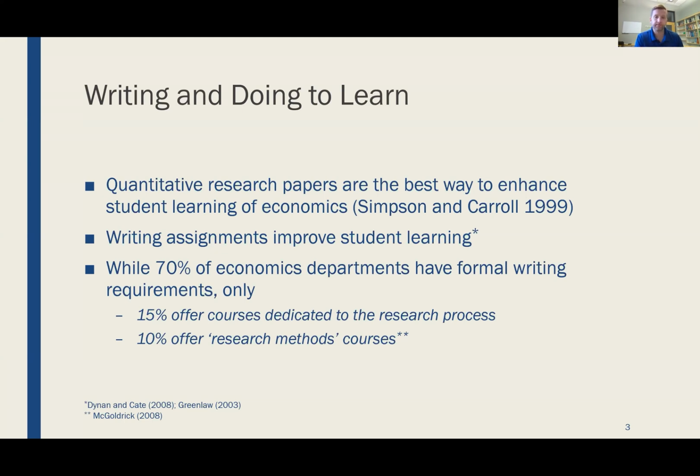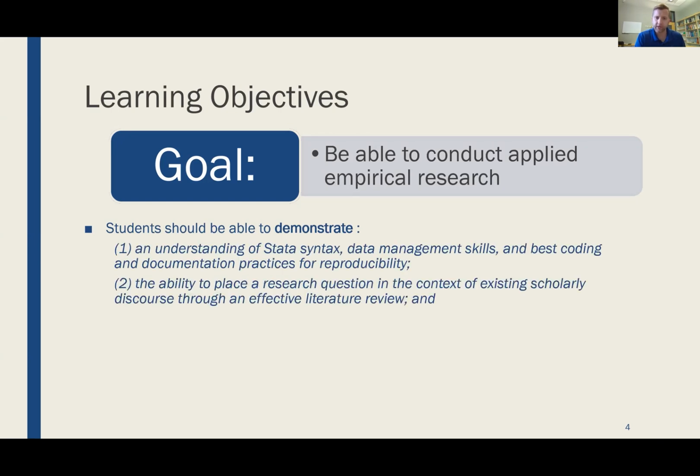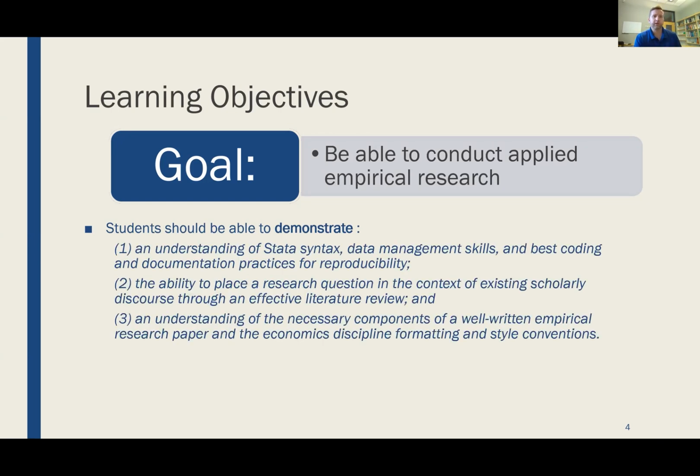So that leads us to our learning objectives, right? The big one: be able to conduct this applied empirical research. I will put these up here, and I will try not to read them completely, but we use Stata. You, of course, could use whatever statistical software you wanted in this project. But they need to learn Stata, some data management skills and coding practices for reproducibility.